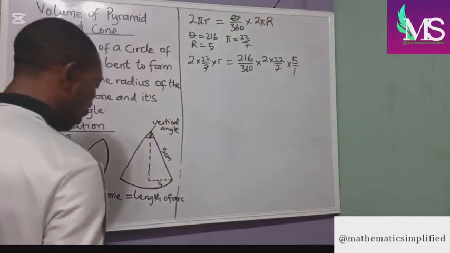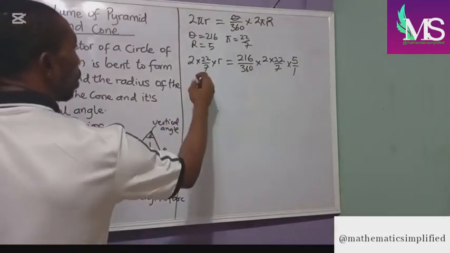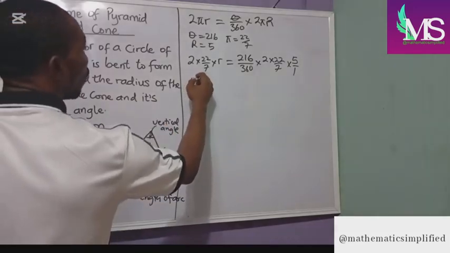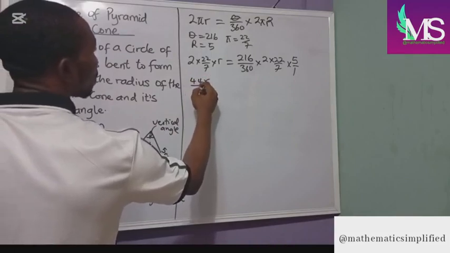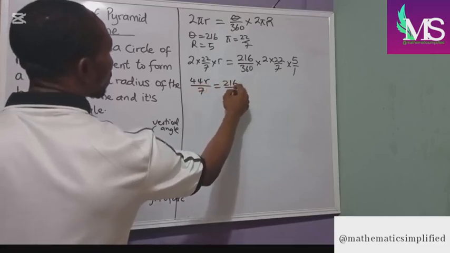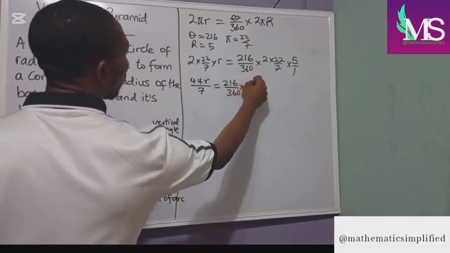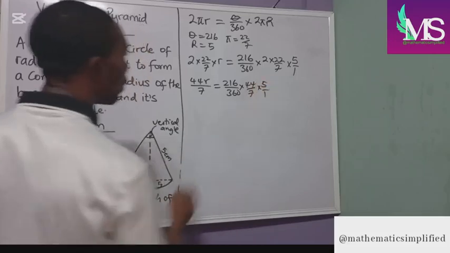Now we can break this down to become 44r over 7 equals 216/360 times 44/7 times 5/1.